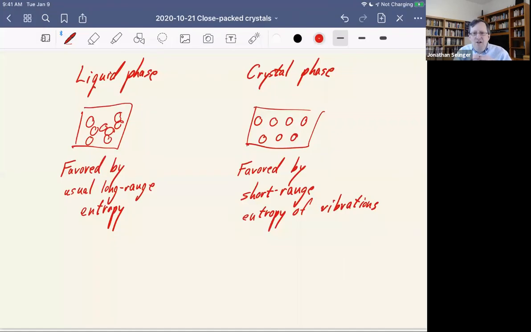Okay? But there are real calculations. I'm not showing them to you, but they exist. Okay. And so this is a feature of real calculations. And here is a way to sort of interpret how could those calculations possibly be true, even though they sort of violate our intuition about what entropy ought to do.